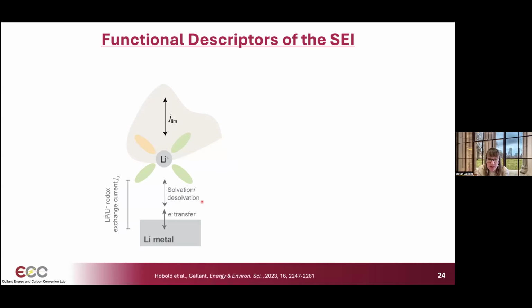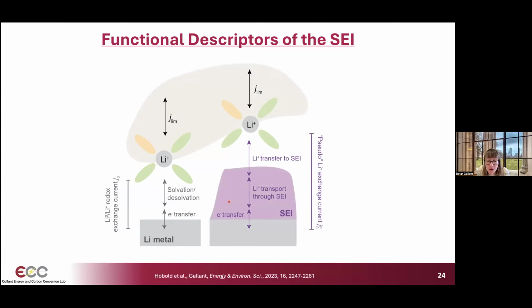You generally want this to be high for facile kinetics, and the measurement of exchange current in that field is relatively straightforward using conventional methods. When we have an SEI present, of course, things are much more complicated. The SEI is going to govern the rate at which solvated lithium ions desolvate, then transport through the SEI, and then undergo an electron transfer to plate and become metallic lithium. So this is all coupled together, and we're no longer looking just at simple kinetics in this picture.